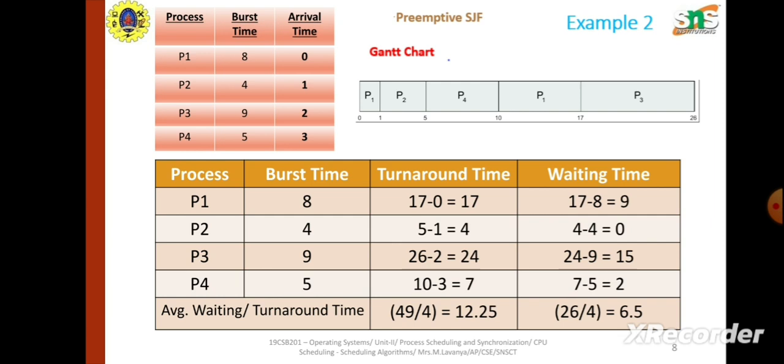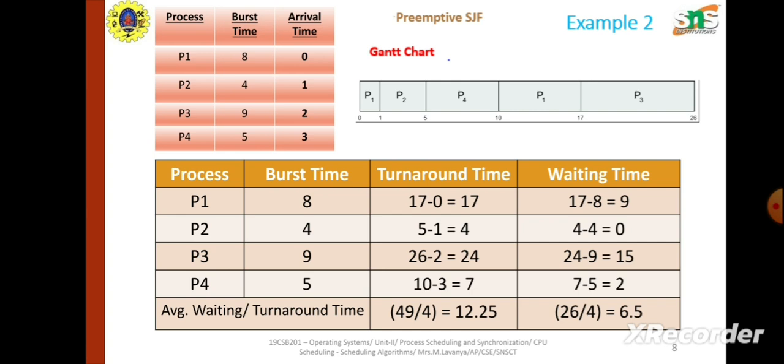Then P2, 5 minus 1 equal to 4 is the turnaround time of process P2. P3 has a turnaround time of 24 and P4 has a turnaround time of 7 milliseconds. For finding the average, we sum all those for P1, P2, P3, P4 and find the average. It is 12.25 milliseconds.